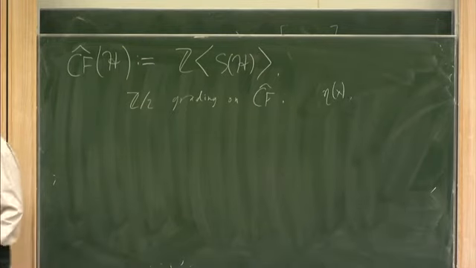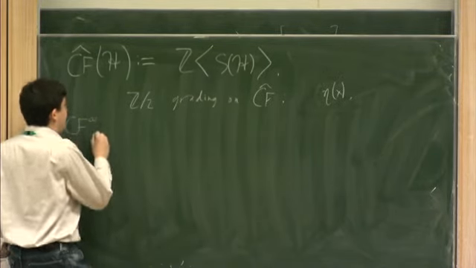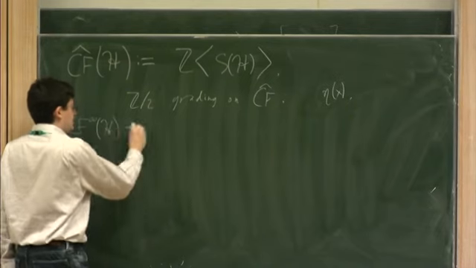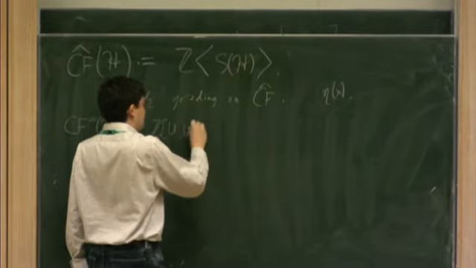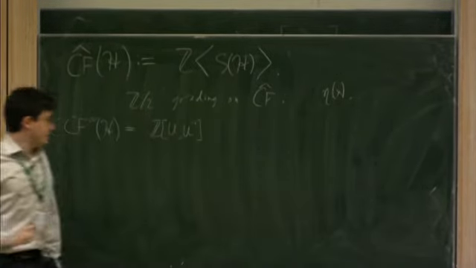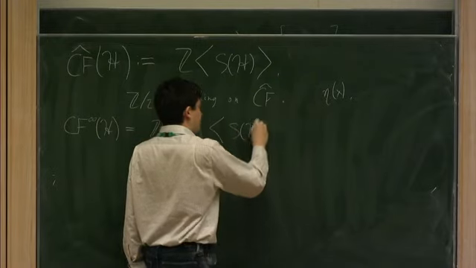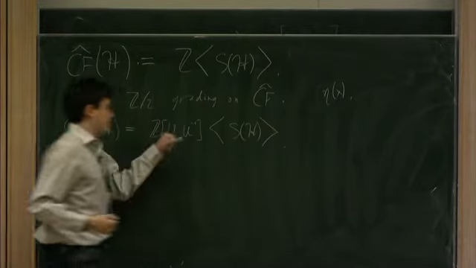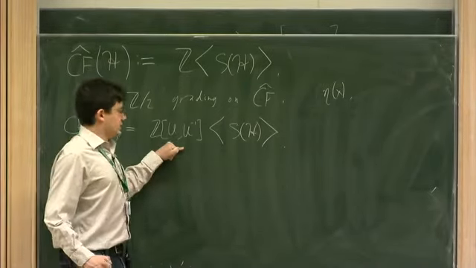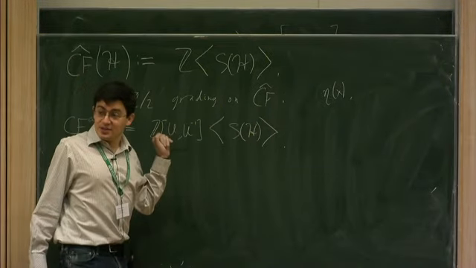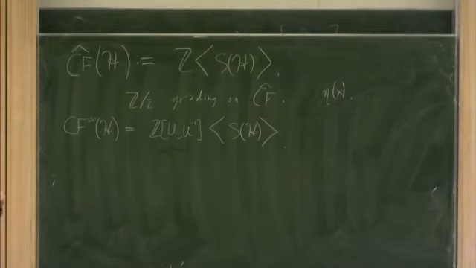Now similarly, CF infinity of H is going to be generated by the same set, except now the base ring is going to be Z[U, U inverse]. So we can take generators plus formal linear multiples.